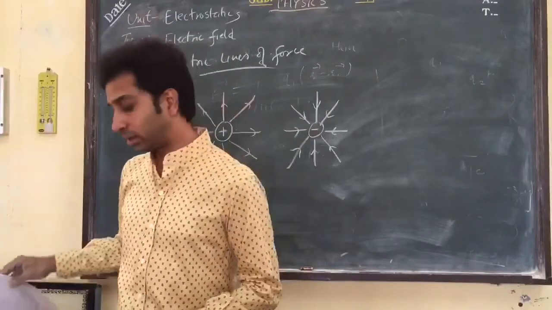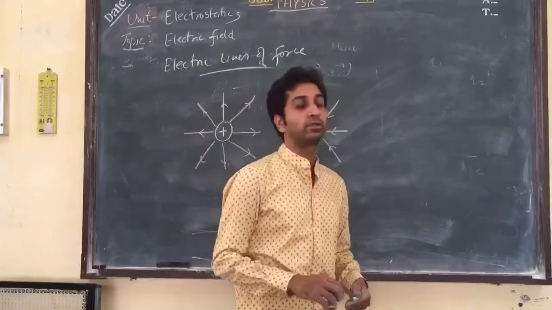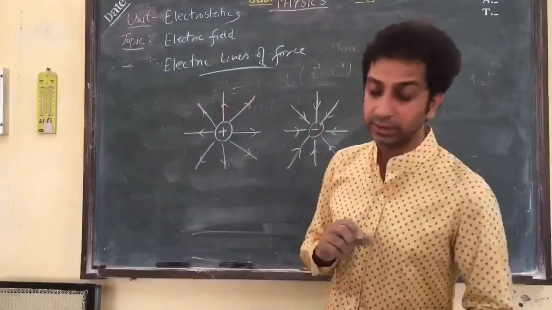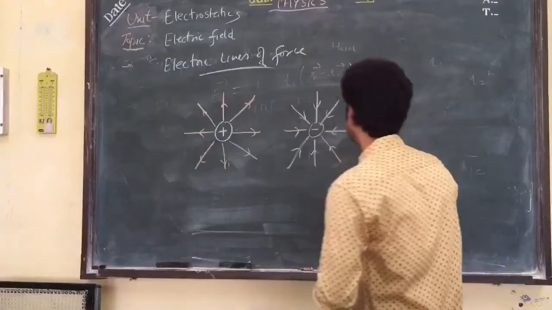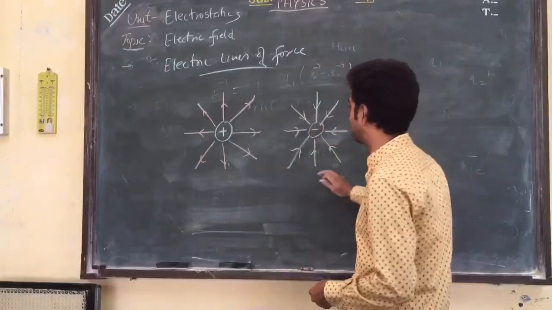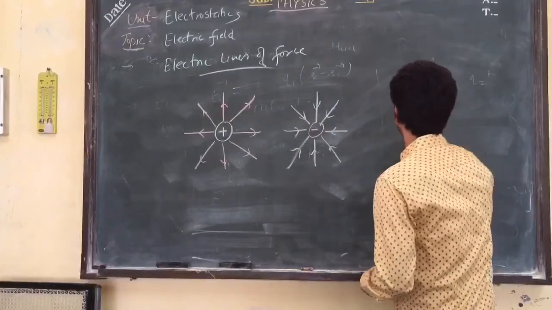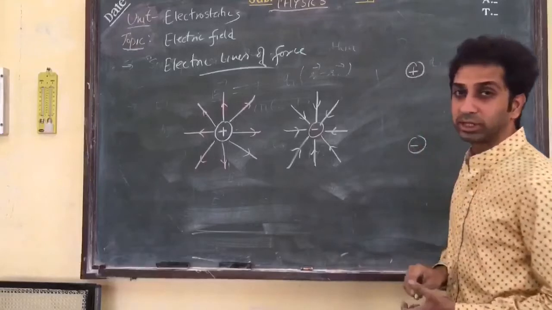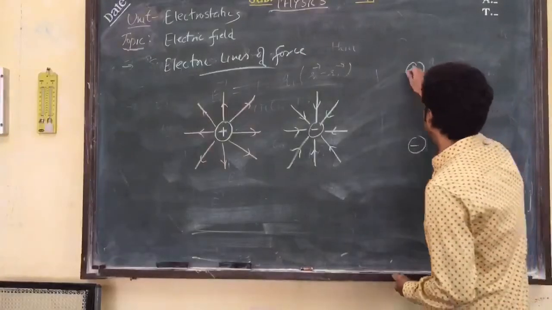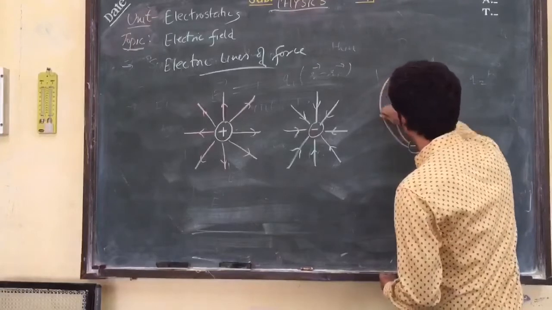So by the number of lines, you can give an idea about the strength of the electric field, right? And this is the individual electric field lines due to the positive charge, and due to the negative charge. And if you are taking a combination, positive and negative, then electric field lines will start from positive and end up at negative, start from positive, end up at negative.